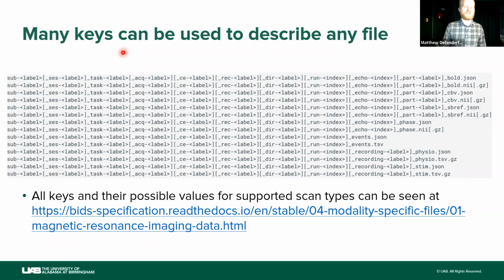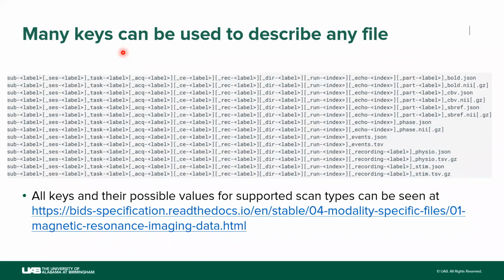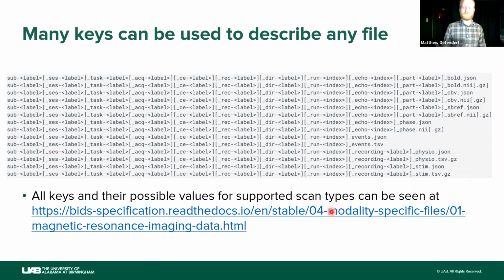But everything else should be exactly the same, right? Even if you have a multi-session design, if you're repeating the task across sessions, then you would need to change the session ID. But the task name is always going to be the same. The direction should be the same because it's associated with that specific scan. The run number should be the same, and so on and so forth. So I hope that answered your question.